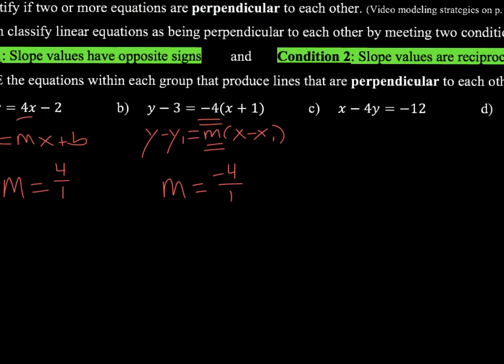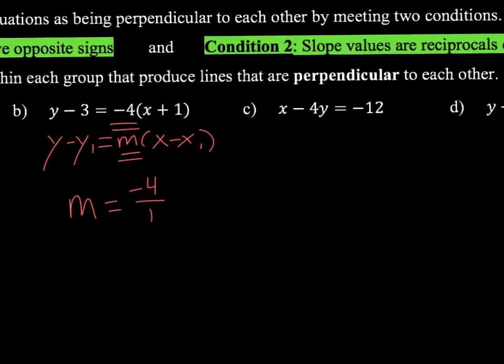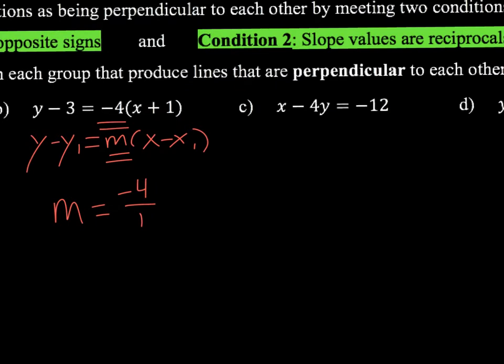Okay, now we look at the third equation in this group. This is given in standard form, and I'm going to identify its slope by quickly converting this to slope-intercept form. So I'm looking to isolate y by itself on one side of the equation. I'm going to work by first subtracting an x from each side.